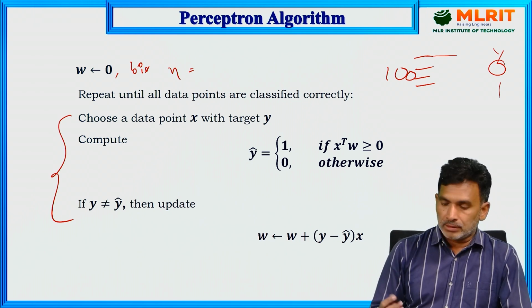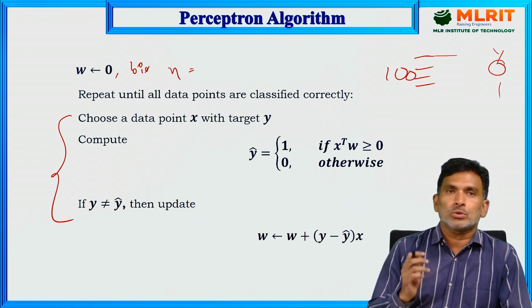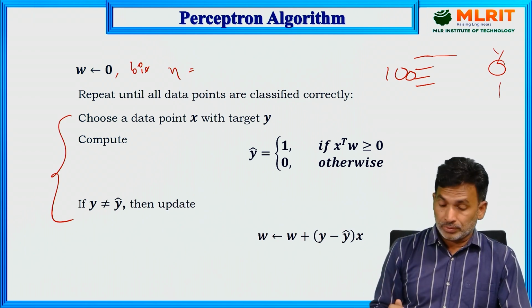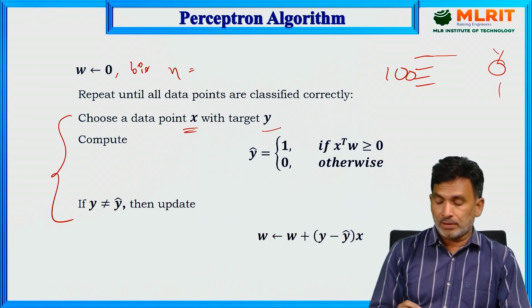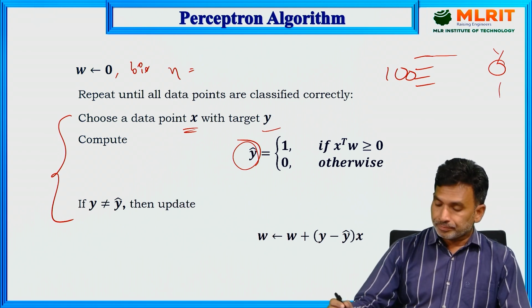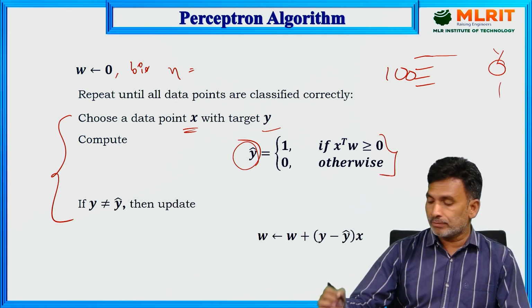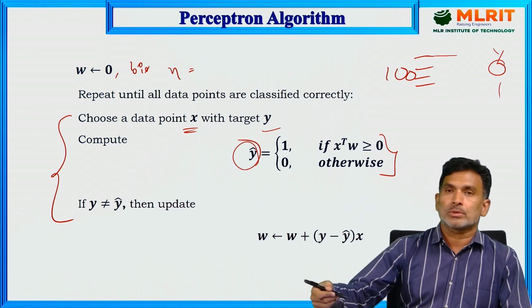Then in this part, what we are going to do is choose a data point x with the target value y, and then we'll compute the output. This is not a fixed one, this is just an example to classify binary.